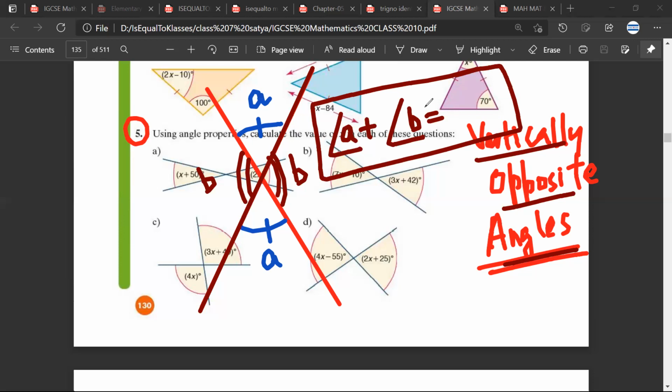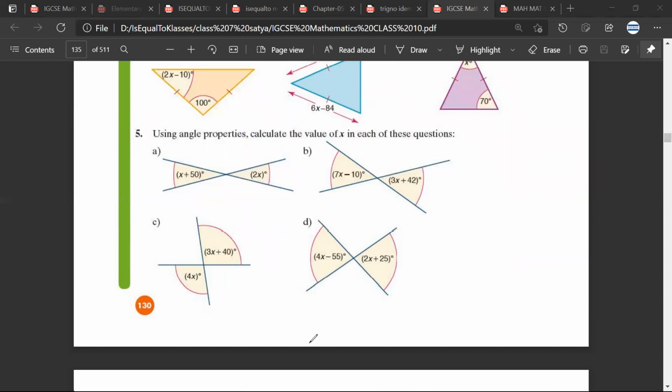Mr. Satya, angle A plus angle B would be equal to... Sarthak, have you understood? Yes, sir. So remember, this is another thing that we had done.